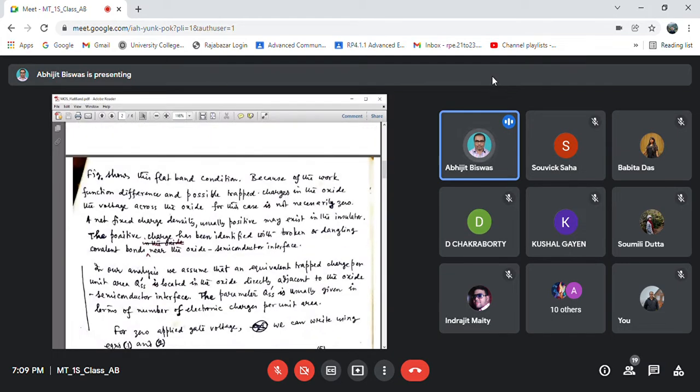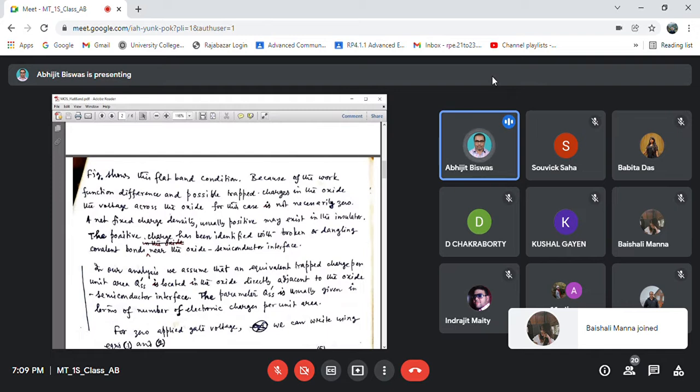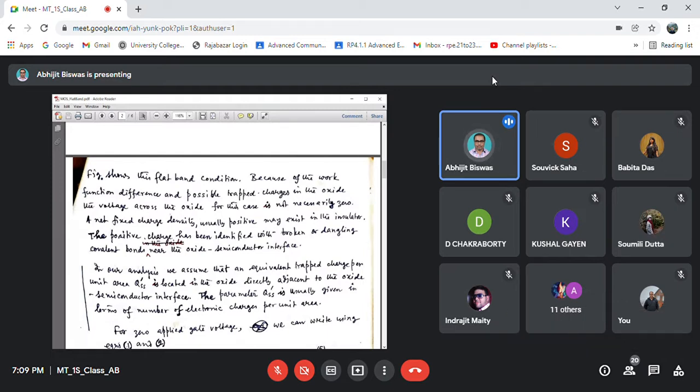So it is written in my notes also. There will be some trap charges. In general, it is some kind of positive charges inside the insulator. The positive charges have been identified with the broken or dangling covalent silicon bonds near the oxide semiconductor interface.